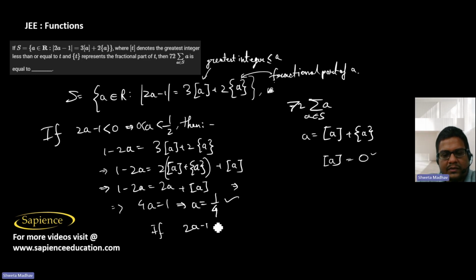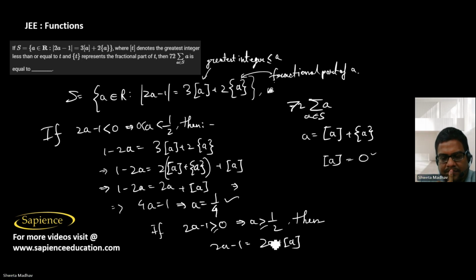if 2a minus 1 is greater than 0, it means a is more than or equal to half. Then we can say this will be 2a minus 1, that is equal to 2a plus bracket a. So we can cancel this, and then bracket a will be minus 1, which can't be.